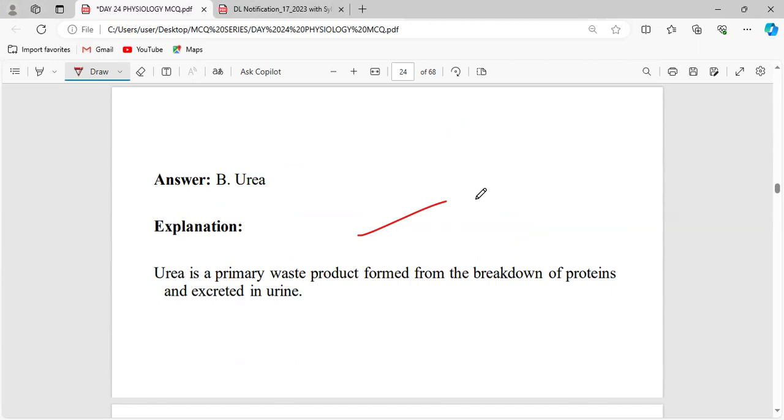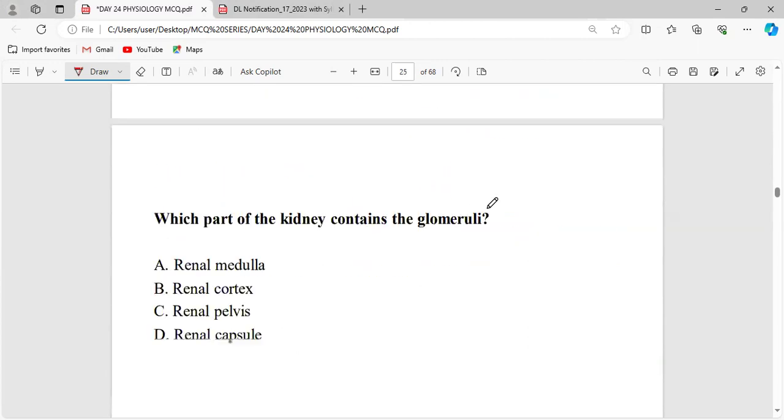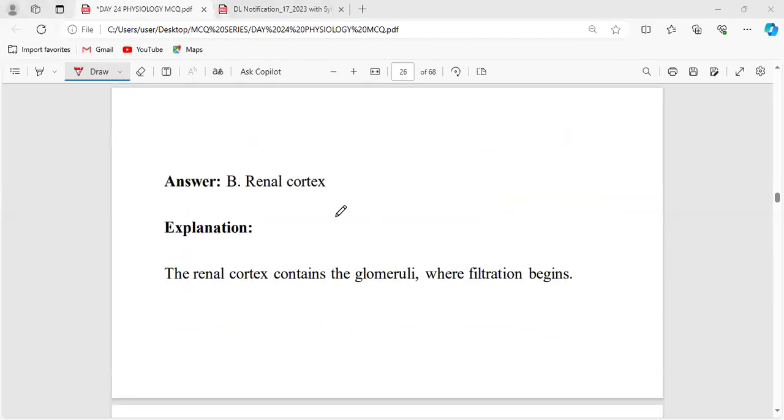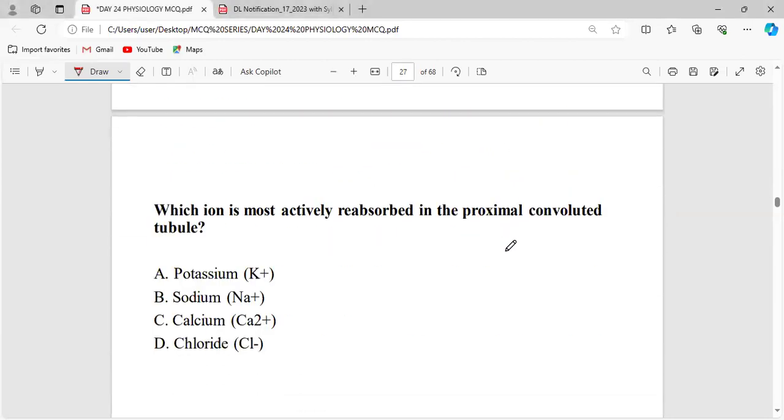Just brush it up from your notes, okay? Which part of the kidney contains the glomerulus? Whether it will be in the renal cortex or medulla or pelvis or in the capsule. That will be in the cortex region, no doubt on that.